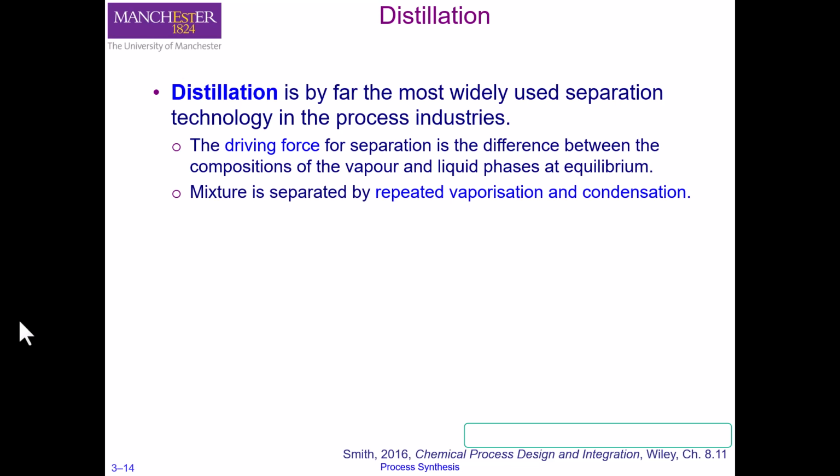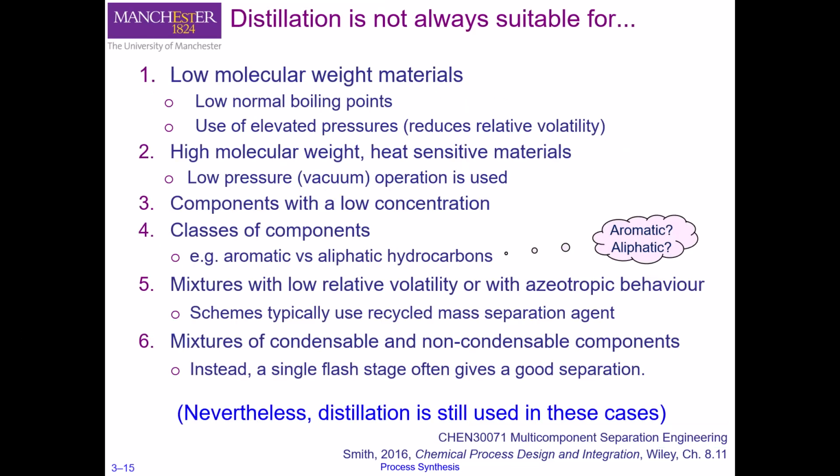Normally we have an upward vapor phase where we use heat to generate that vapor phase. At the same time, condensation is an intrinsic part of distillation, because we need to condense the overhead vapor to get the countercurrent liquid flow in the system.